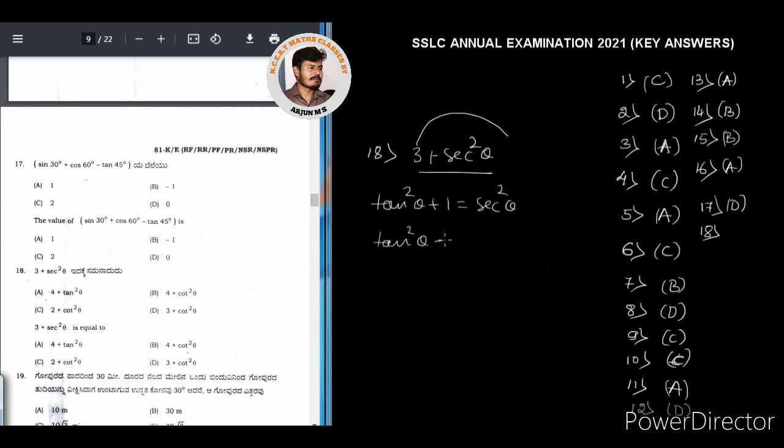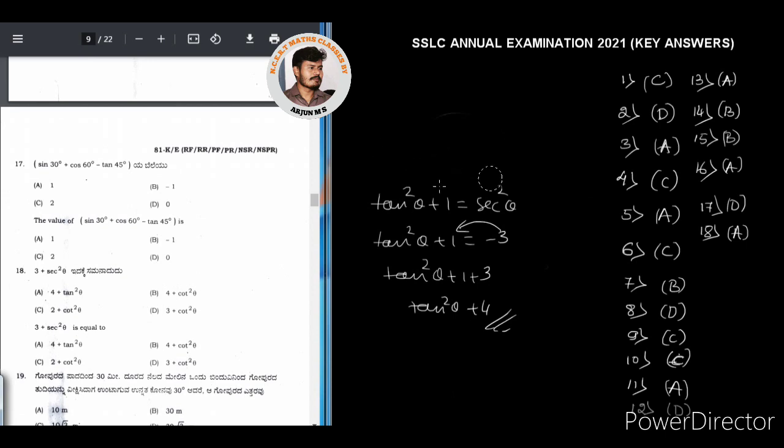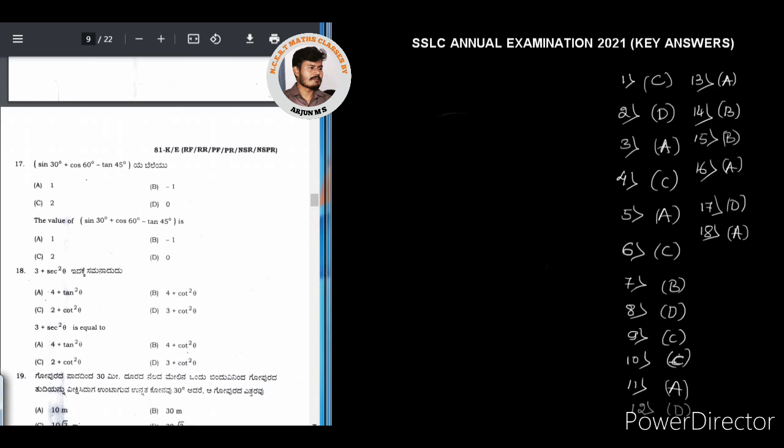You just substitute here tan square theta plus 1 is equal to minus 3. Then transpose minus 3 to LHS. We get tan square theta plus 1 plus 3. So now it will become tan square theta plus 4. So that's why 4 plus tan square theta is the right answer. So option A is correct for 18th question. Tan square theta plus 4 or 4 plus tan square theta.